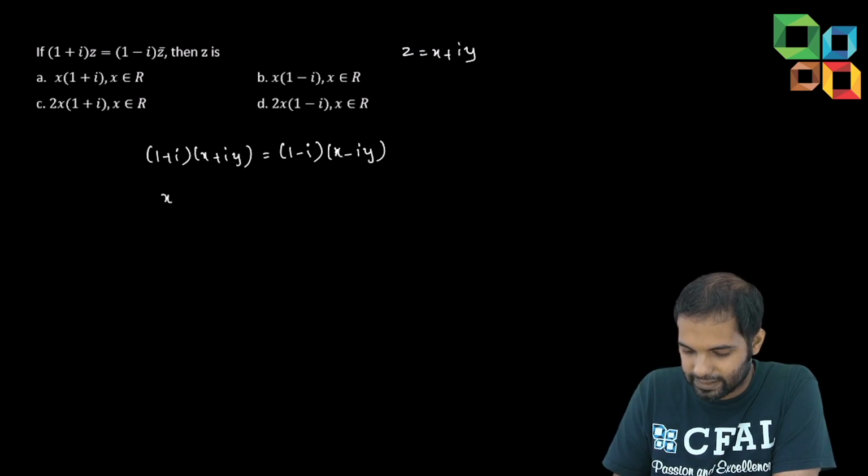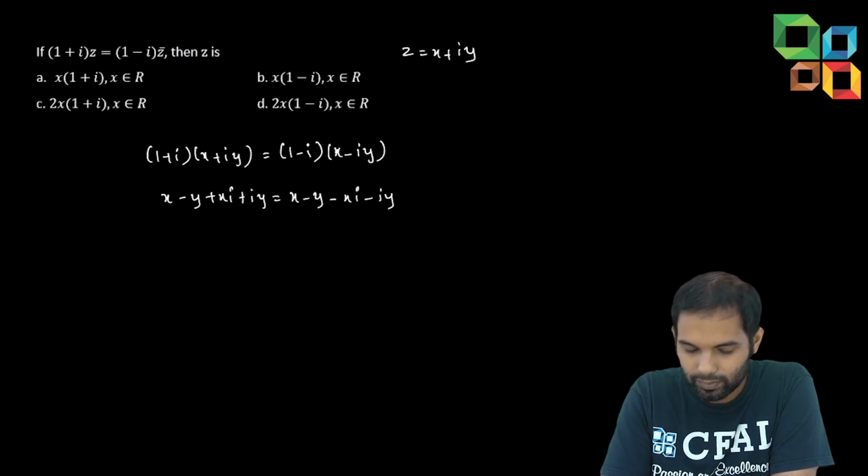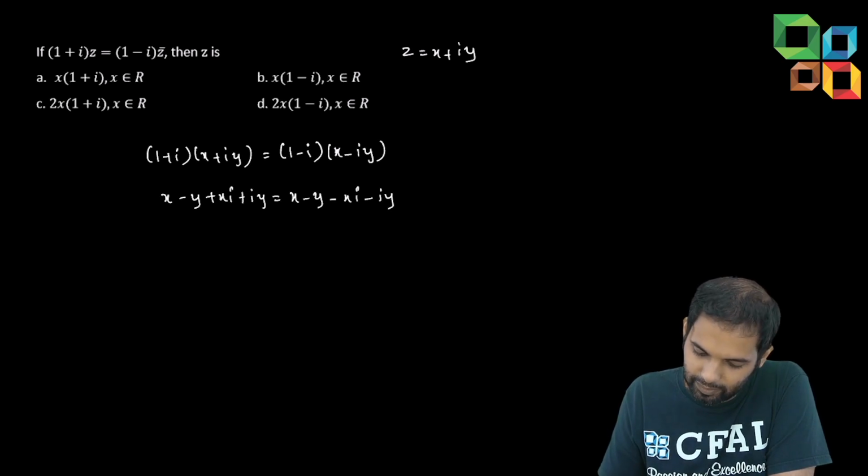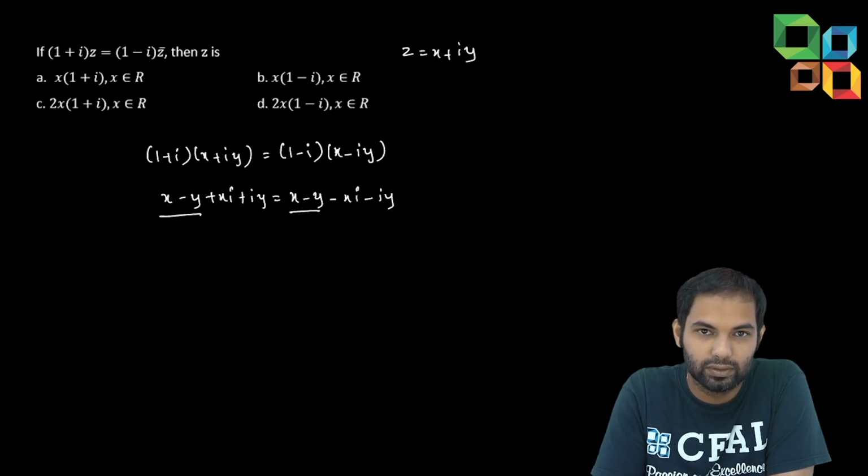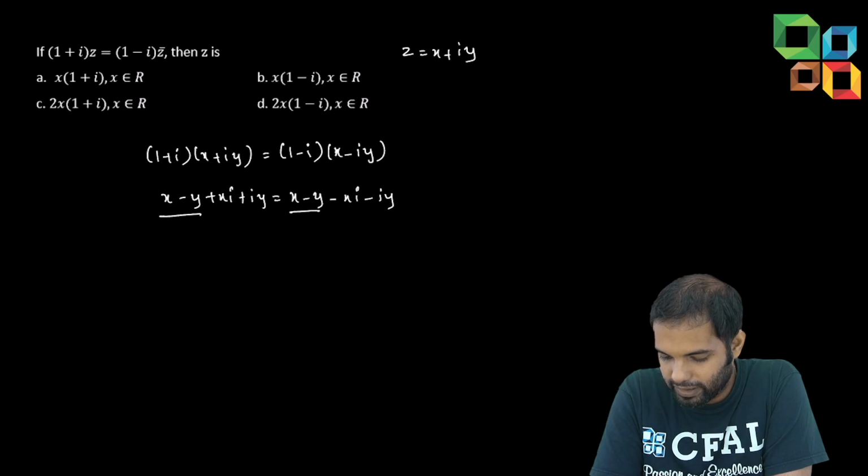So we get x minus y. Imaginary part is x plus y times i. The other side, x minus y again. Imaginary part is minus x plus y times i. Can you see that the real part is anyhow equal? Right? But imaginary part is not equal.